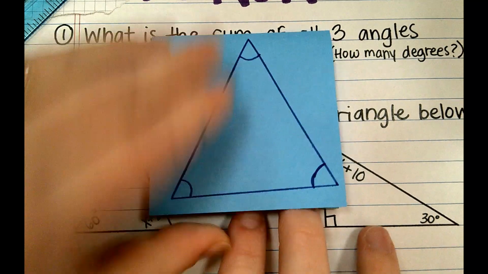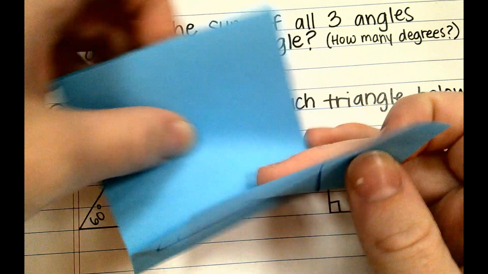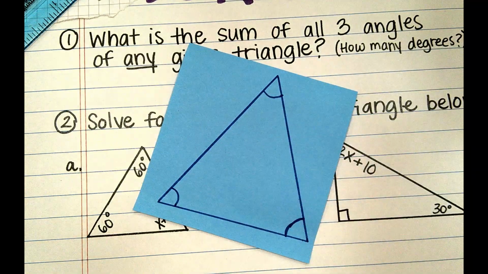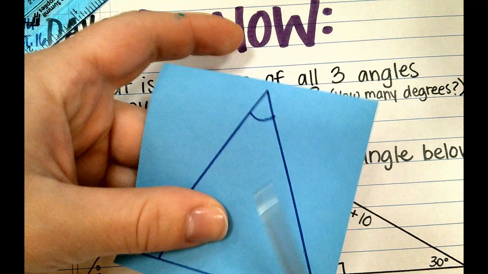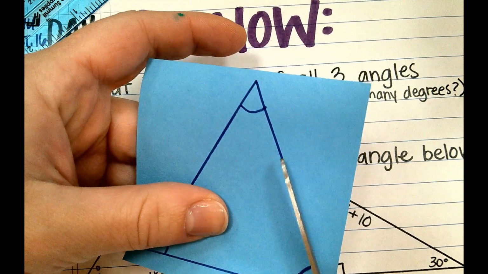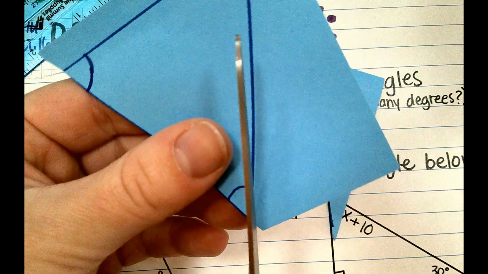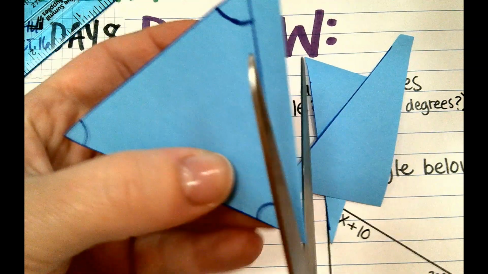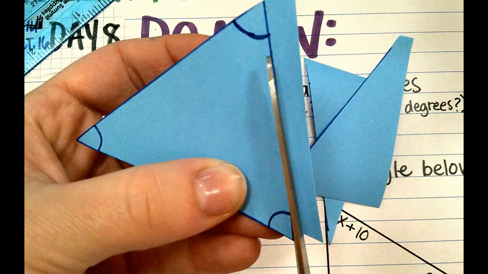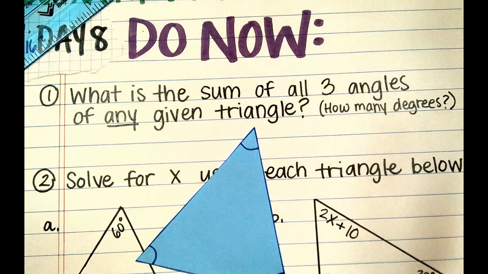Now, this triangle that I have here, I am going to cut out of my sticky note so that I have it on a separate piece here. Show you something kind of neat about triangles. So, let's cut it out. Here's my triangle, cut it out.